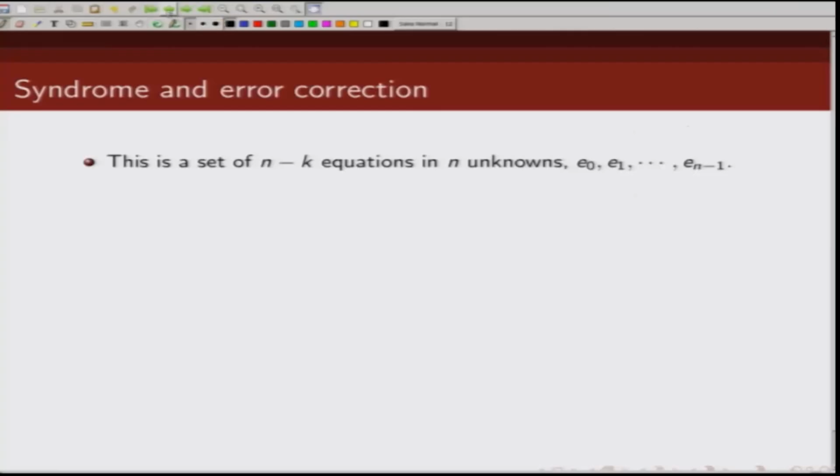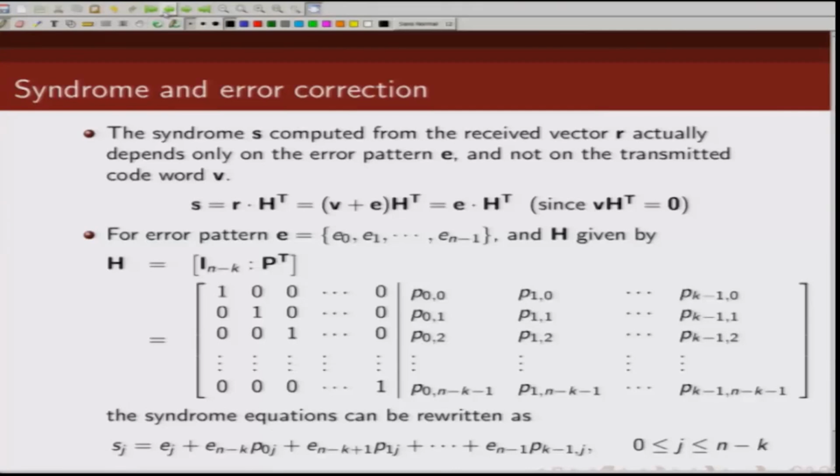Now, we will move into error correction, and we will talk about how we can use the syndrome for error correction. So, as we saw from the syndrome equations, this was 1 cross n and H transpose was n cross n minus k.